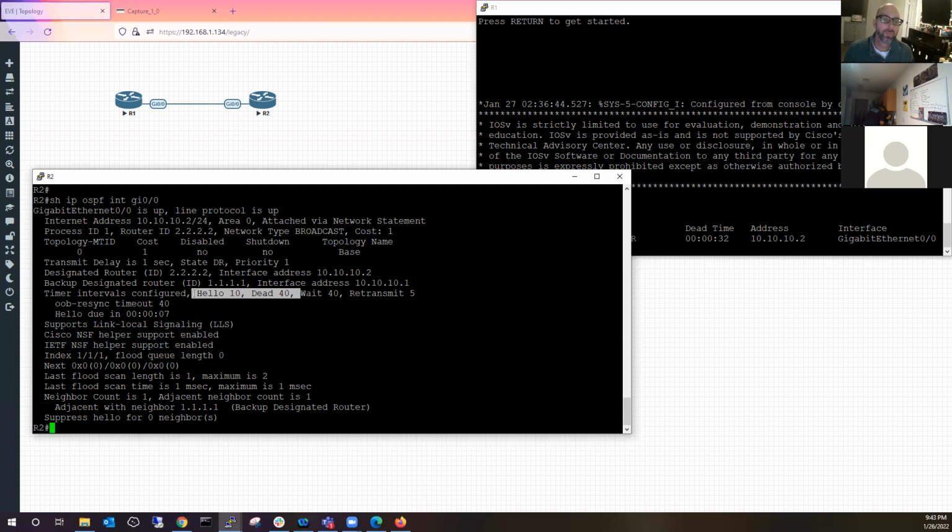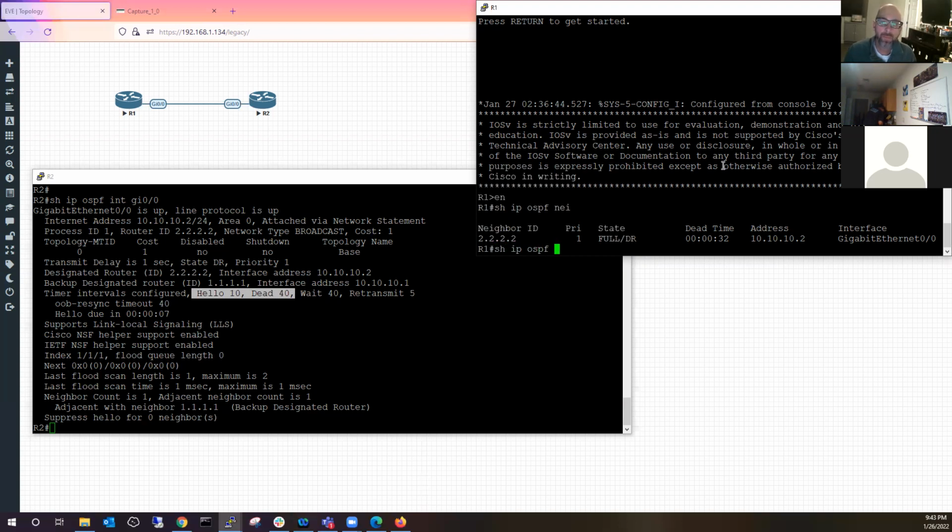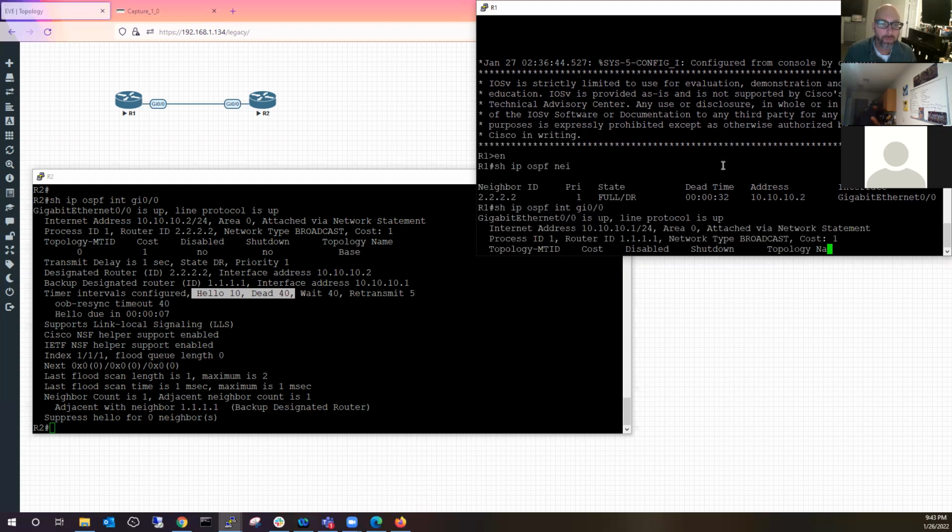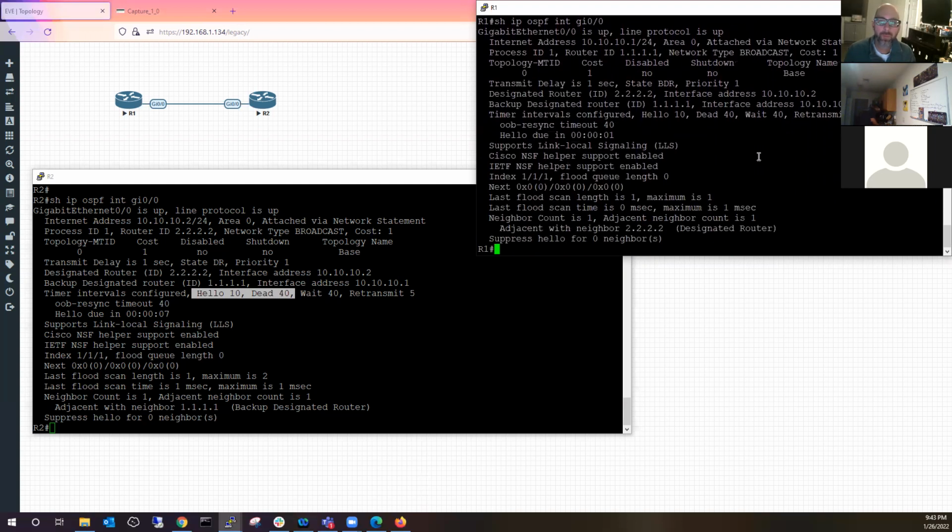Because if you're looking at your neighbor here and you have a timer set for 10/40, hello/dead, and you come over to its neighbor that it should be connected with, and let me see, show ip ospf interface, gig 0/0. All right.